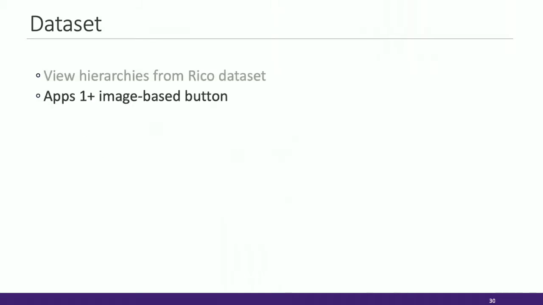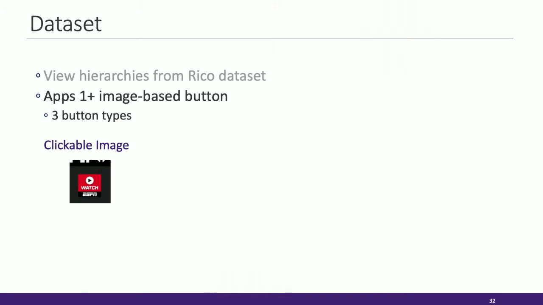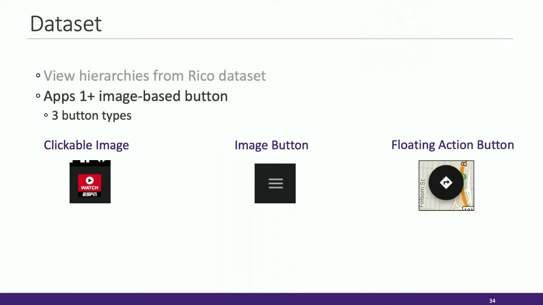We filtered the data set to include only apps that had at least one image-based button, which we defined as coming from one of three classes or types of buttons: clickable image and image button, and these two are used pretty interchangeably and came into the API around the same point in time, and a floating action button, which is a newer design concept, a newer widget, and is a slightly more specialized usage.